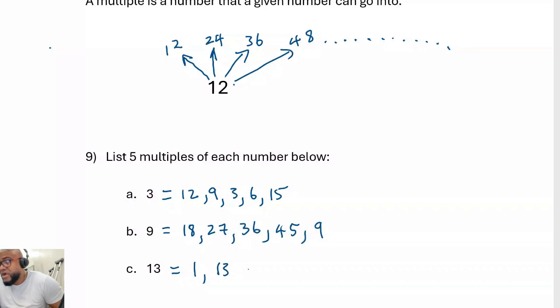I don't sugarcoat nothing for nobody. Hear how many times I mentioned over and over that factors are numbers that go into the given number and multiples are numbers that the given number can go into. I kept saying over and over, factors of a given number will be that number or less, multiples will be that number or more. And this is what Amani came and gave me here.